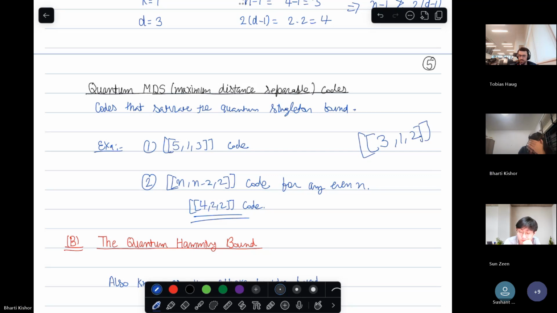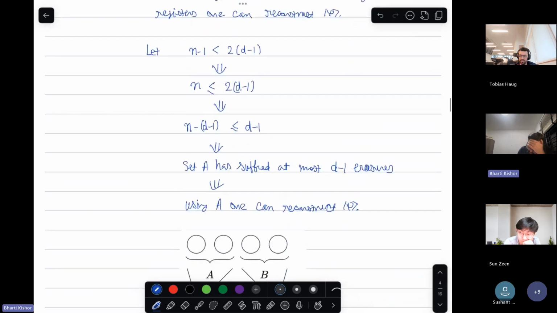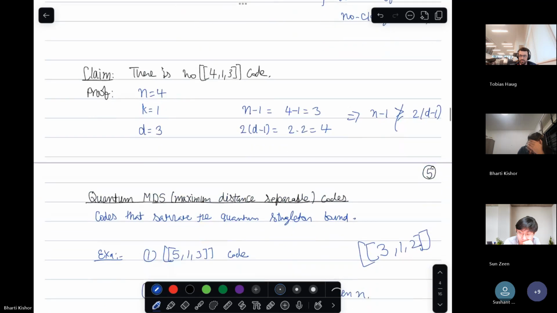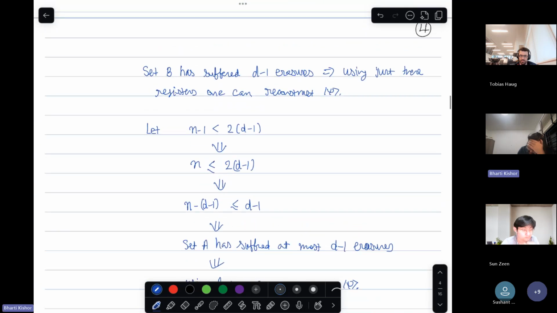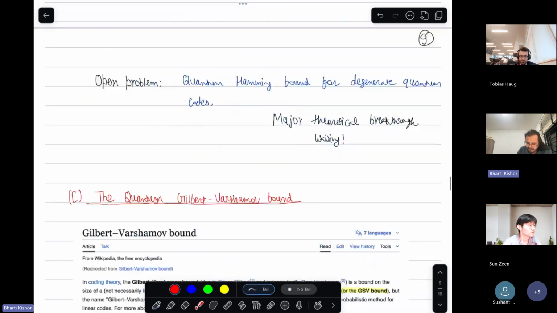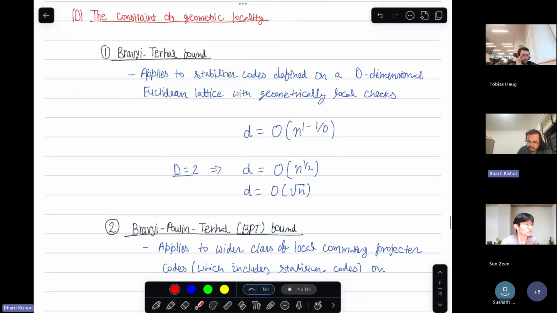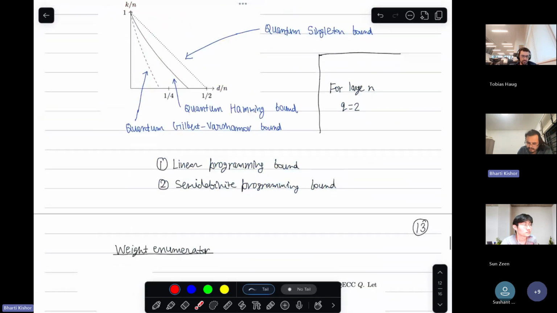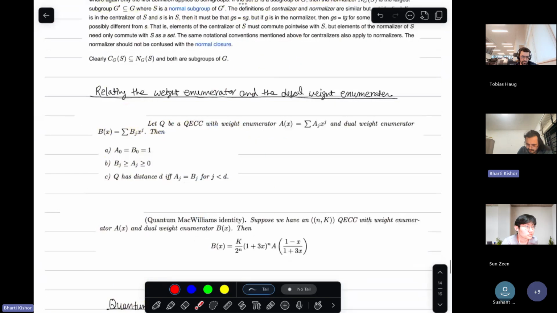It will saturate, but I think you can show in the linear programming bound, which I think comes later, that there is no 312 code or something. Have I written it here?